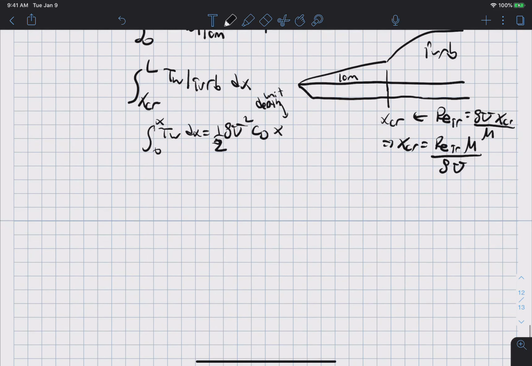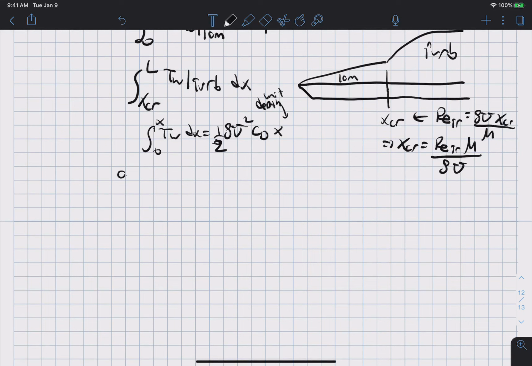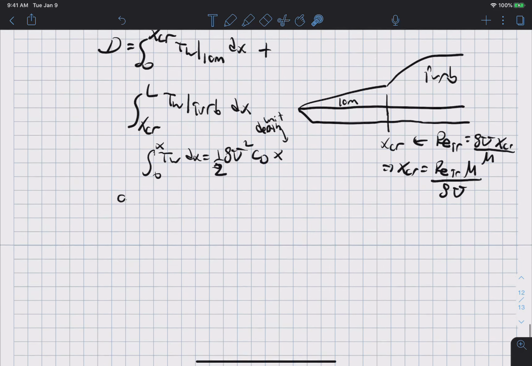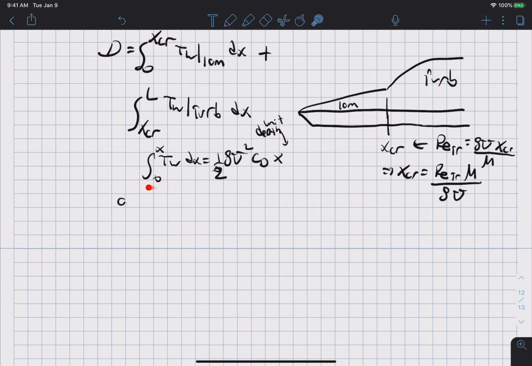So we can do the integral based on integrating the wall shear stress using the drag coefficient, which already has it integrated, but this drag coefficient is based on the integral from 0 to some length. But here we have an integral from the transition distance to some length. So what we need to do is rewrite this integral into a form that is useful for the drag coefficient.